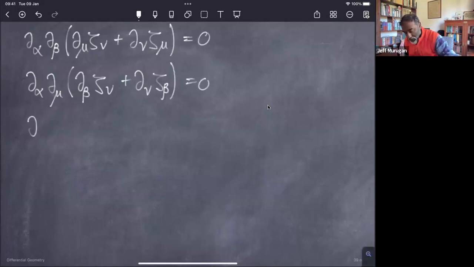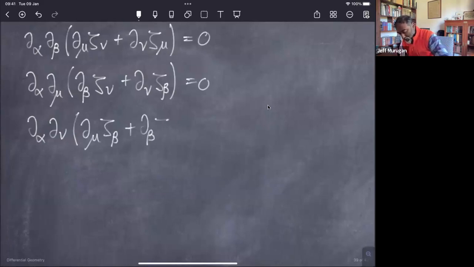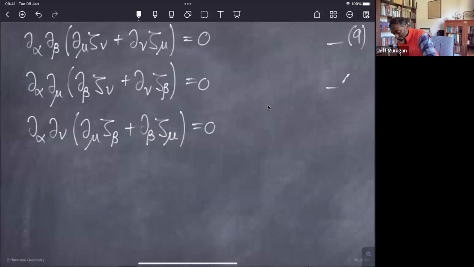And I will get that d alpha d nu d mu zeta beta plus d beta zeta mu is also equal to 0. So where are we? 8. Let's call this 9, 10, and 11.